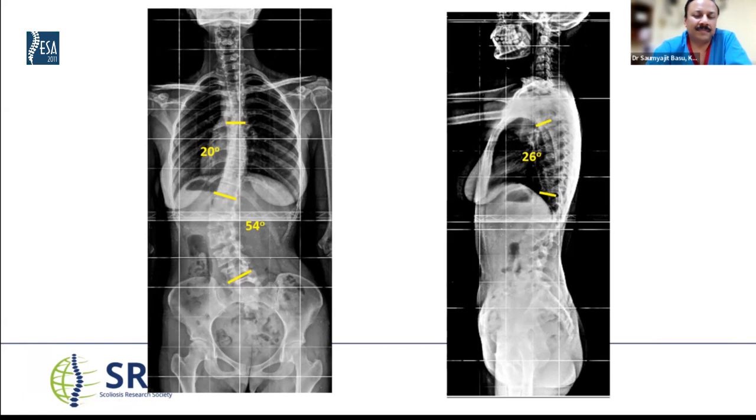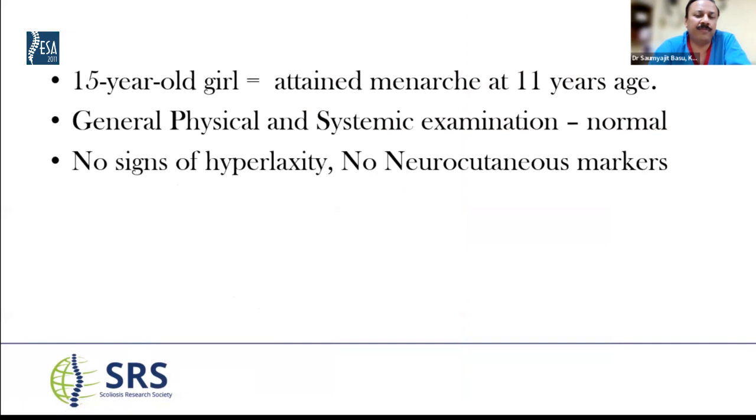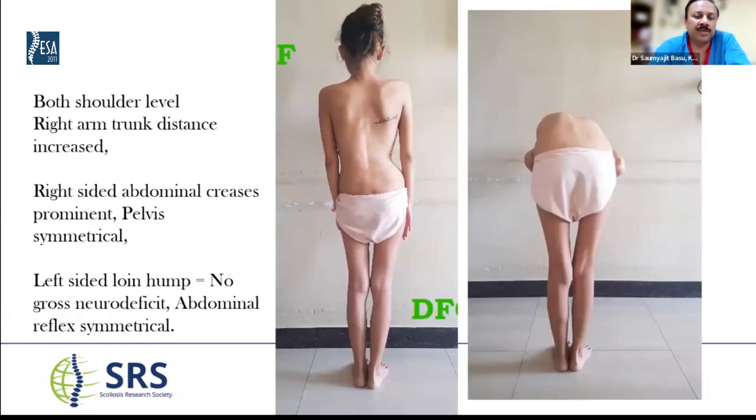Yeah, so this is a rapid fire last case, which is a 15-year-old girl, and this is her clinically with a left-sided loin hump with reasonably balanced shoulders. As you can see, there's a typical asymmetrical abdominal crease and asymmetrical arm trunk distance, with a possibility that this PSIS is a little bit higher than this one.